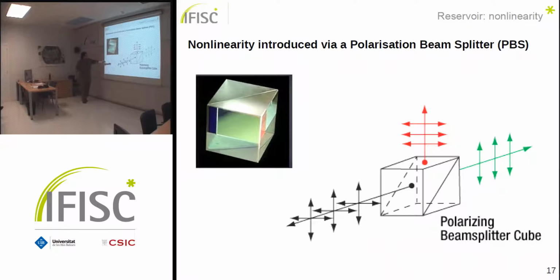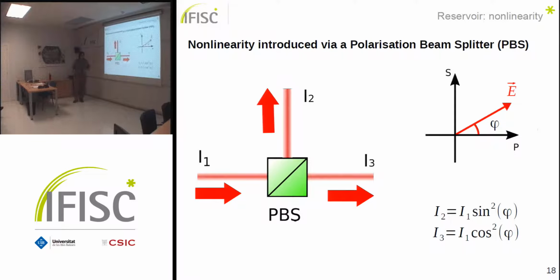For example, you can see here light that is linearly polarized in both directions. On the outside of the device, some goes in one direction, and the orthogonal one continues through the device. But the intensity that goes through this polarization filter actually follows a trigonometric square relation. So we could use this kind of transformation, which is nonlinear, as the core nonlinearity in our nodes.